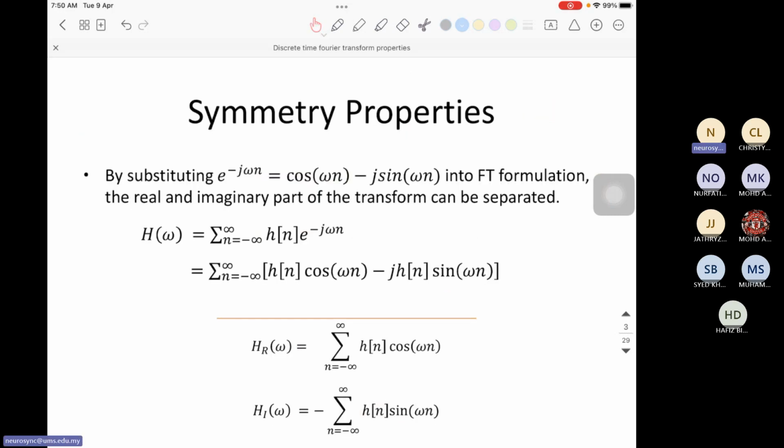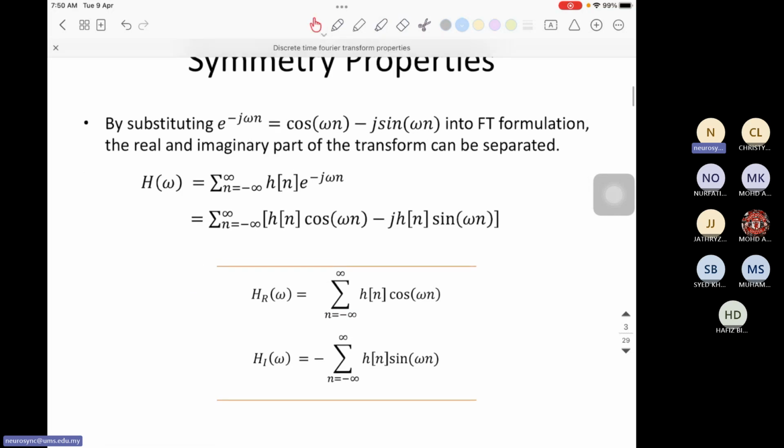Then one more important property is symmetry. In symmetry, what is e to the power minus j omega n? It is equal to cos of omega n minus j sine omega n.